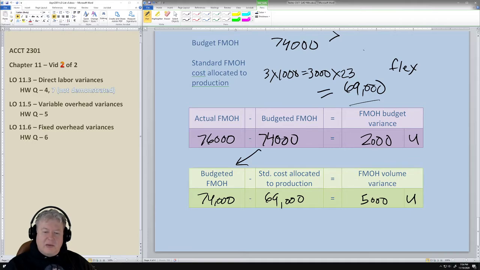And we actually budgeted more, so we have an unfavorable volume variance. Okay, so this one's a little more streamlined, a little simpler, but I think the thing that throws people off a little bit is that they use the budgeted versus the standard costs allocated. You haven't seen that kind of arrangement, so just be aware of which one goes first, and it still comes out the same sort of easy calculation.